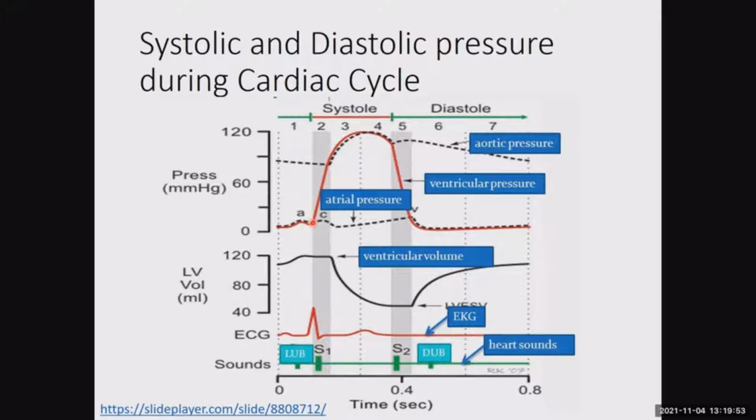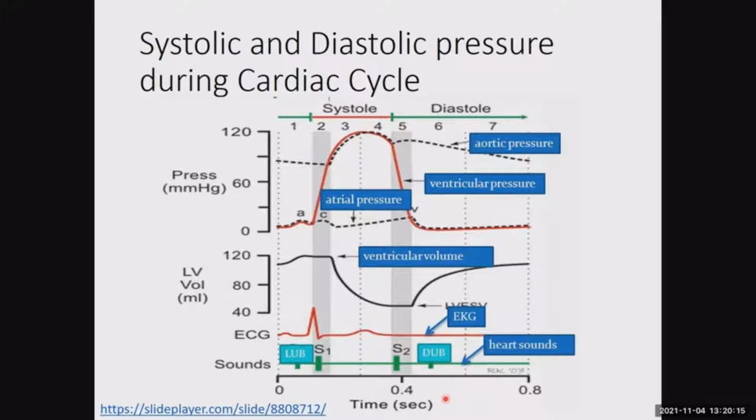And then at the end of systole, we're going to have the second heart sound, occurring when the pressure in the arteries, the aorta, tries to push the blood back into the heart, and causes the aortic semilunar valve to close at that point, giving us the second heart sound.